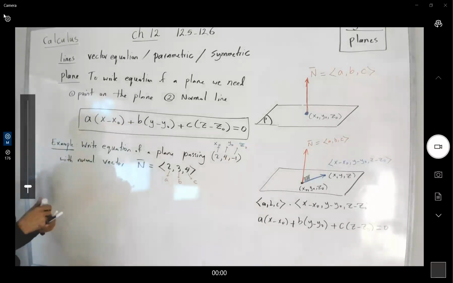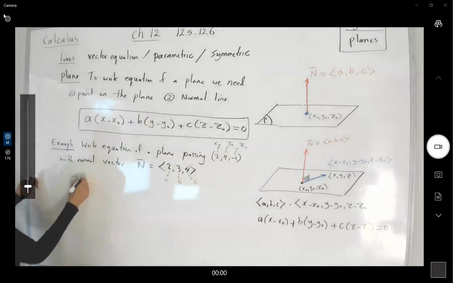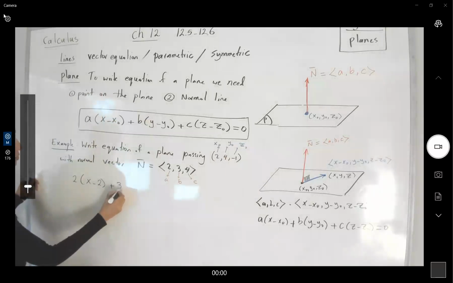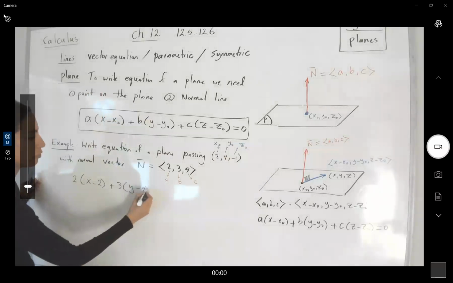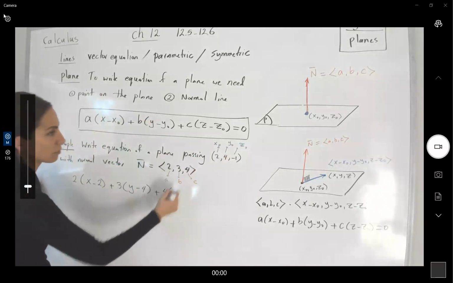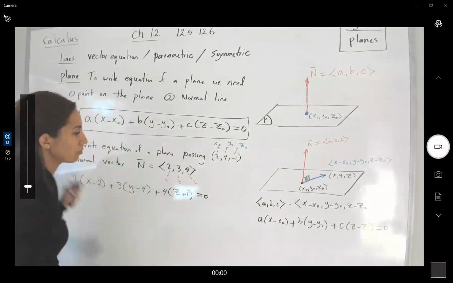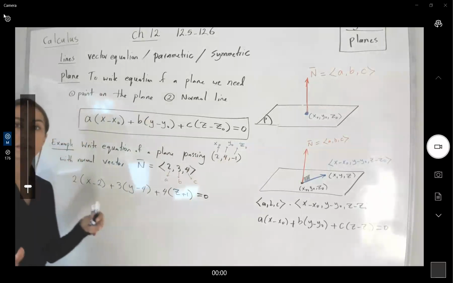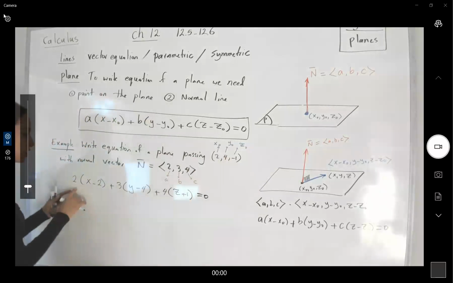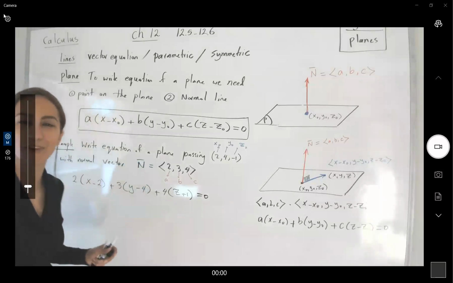Okay, very well. Let's plug them in. We have 2 times x minus 2 plus 3 times y minus 4. And we have 4 times z minus -1, or z plus 1, equal to 0. Since you know algebra, we distribute 2, we distribute 3, we distribute 4, and try to simplify this.